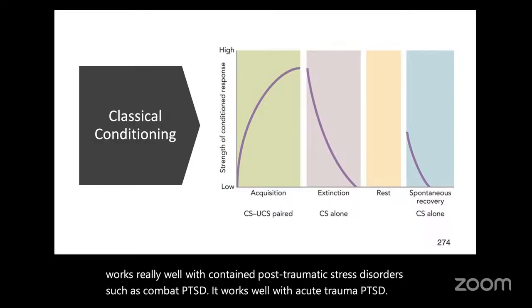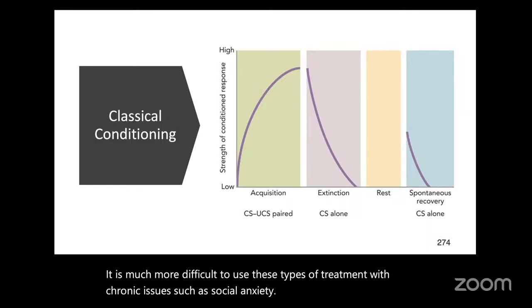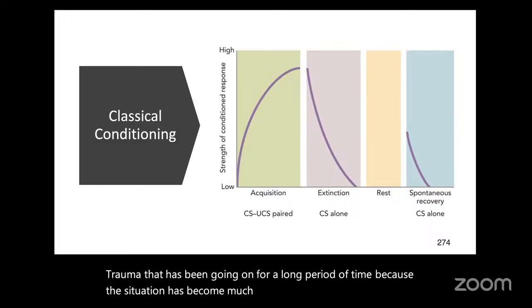It is much more difficult to use these types of treatment with chronic issues such as social anxiety, trauma that has been going on for a long period of time, because the situation has become much, much more complex.